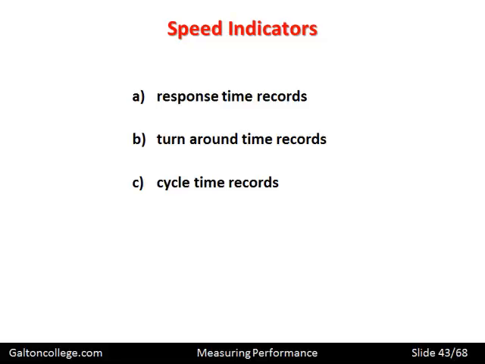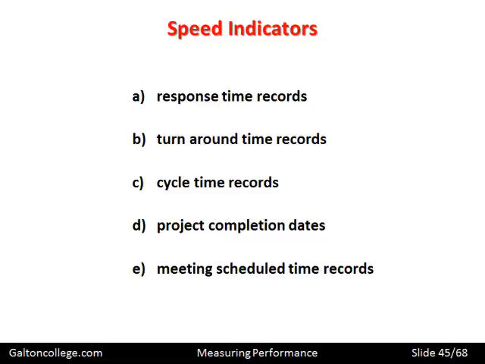Should they be monitored and changed, or what sort of analysis is undertaken to recommend the optimum cycle time? Look at project completion dates. Look at what the company promised in the past and what they are currently promising in terms of completion dates against actual completion dates. And that's an indication of speed. Are they meeting what they said they were going to meet, or are they falling behind?